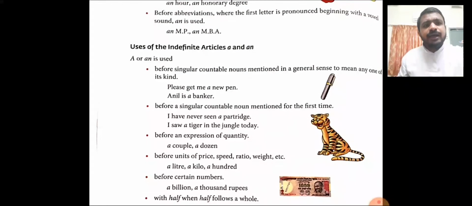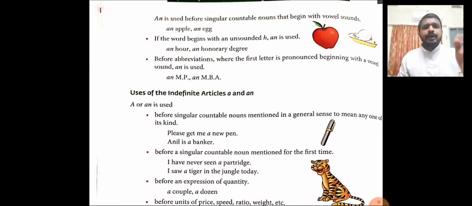Third rule: an is being used before singular countable nouns that begin with vowel sounds. We have already told that a or an is being used before singular countable nouns. Now where to use an? An is to be used with the nouns which start with vowel sounds. For example, an apple or an egg.